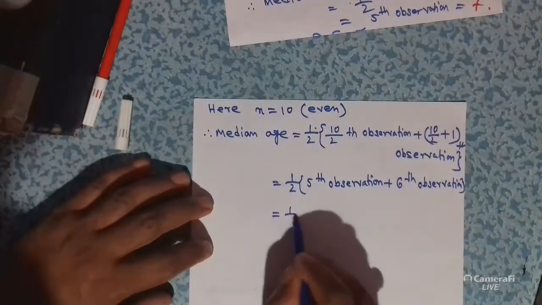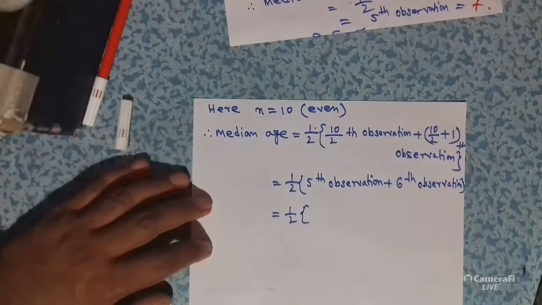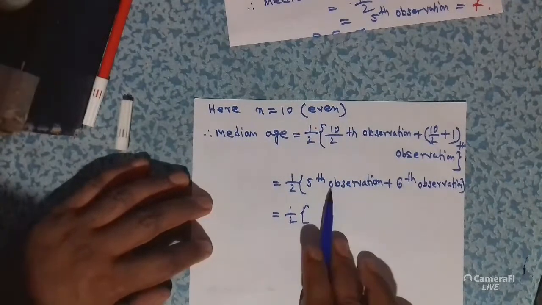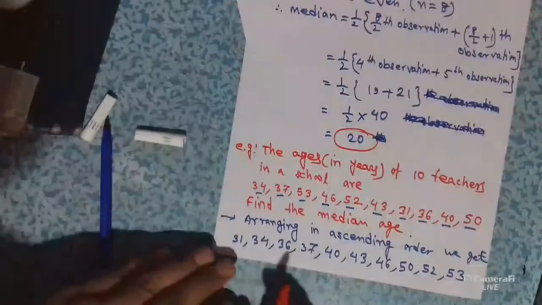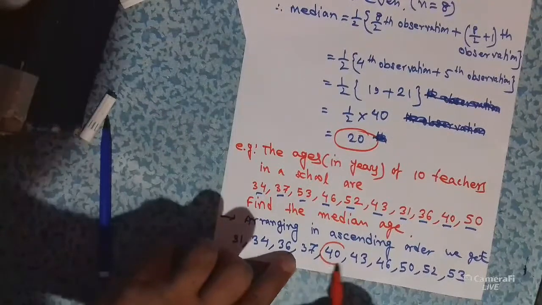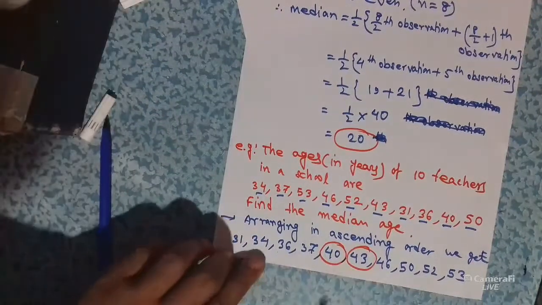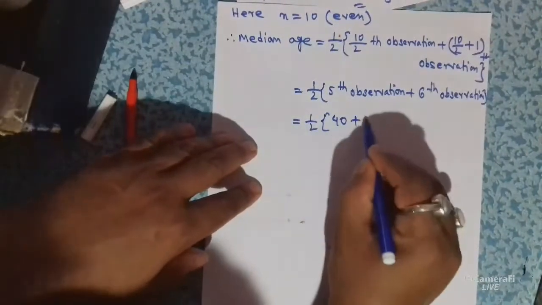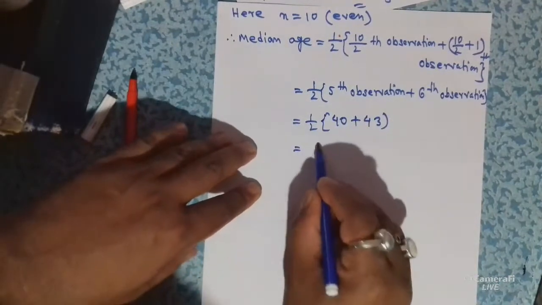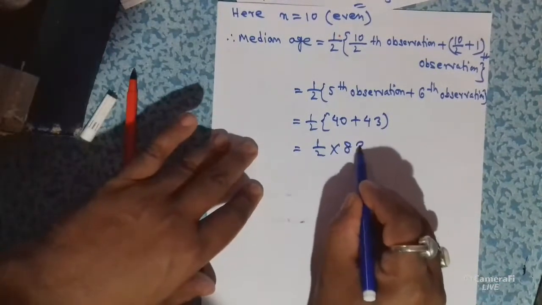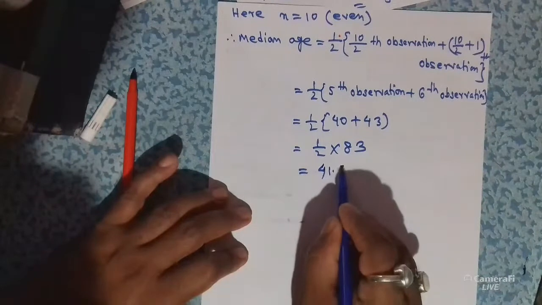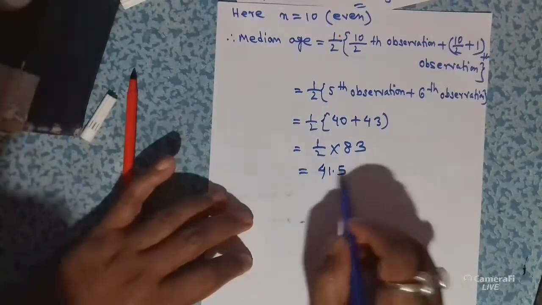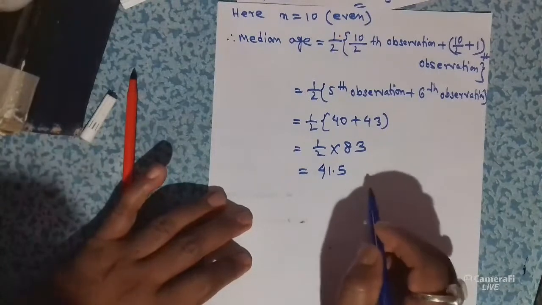Now you have to see what the fifth and sixth observations are. Here you can see 1, 2, 3, 4, 5, this is the fifth observation and this is the sixth observation. So 40 and 43. Half of 40 plus 43, which is 83, so the median age is 41.5.